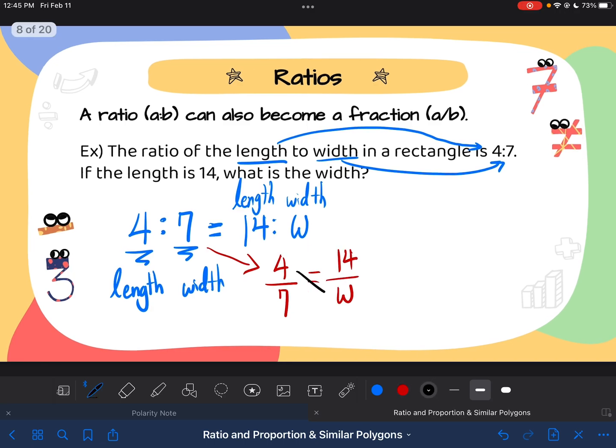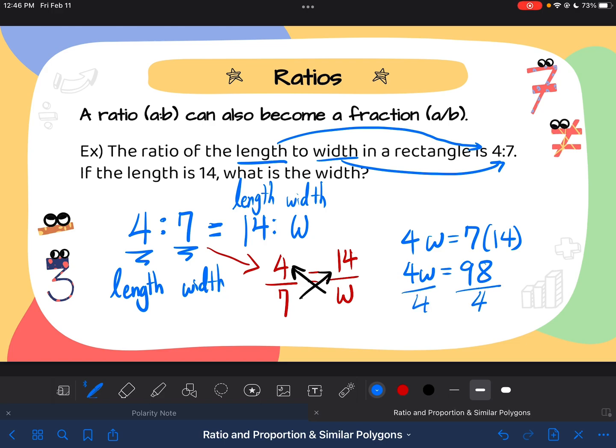Just make sure to crisscross applesauce. Once you solve this out, you will get 4W equals 7 times 14. And what is 7 times 14? That will give you 98. And last but not least, I am going to divide by 4 on both sides.